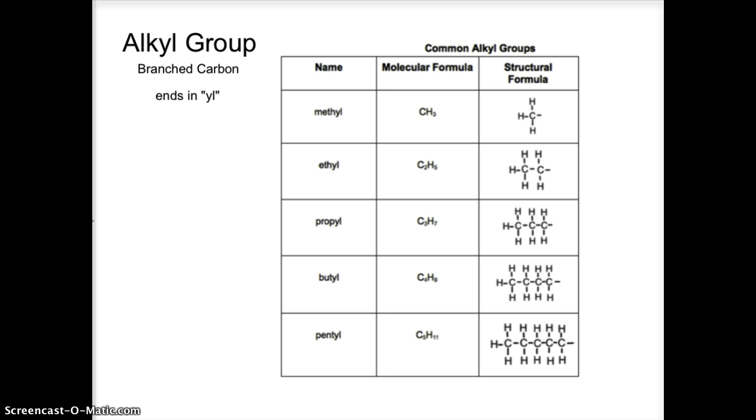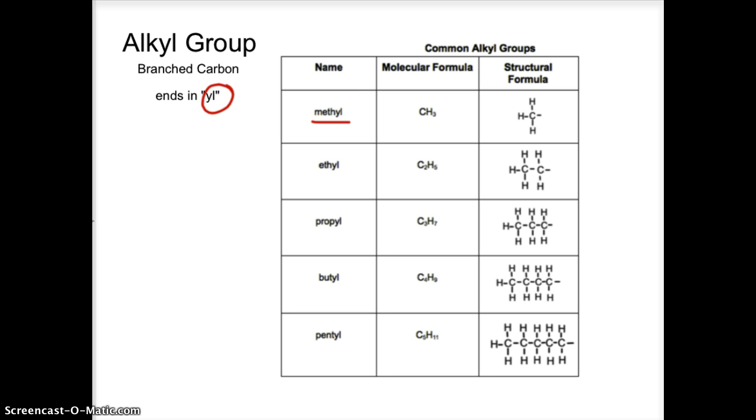Here is a table that has the most common alkyl branches that you're going to see branching off of a long chain. The naming is slightly different. You'll notice that we have it ending in YL. So one carbon, which would have the prefix meth meaning one, YL meaning that it's an alkyl group.